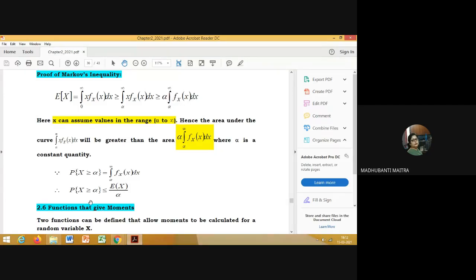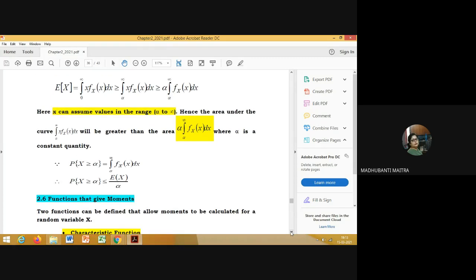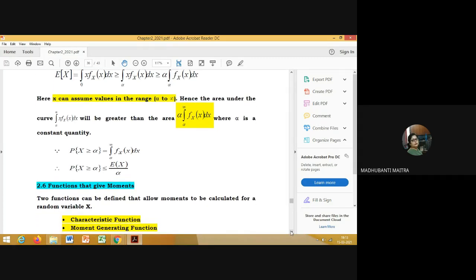The probability that x is greater than or equal to alpha is less than or equal to E[x] by alpha. So this probability will always be less than or equal to E[x] by alpha. Clear? Yes, ma'am.